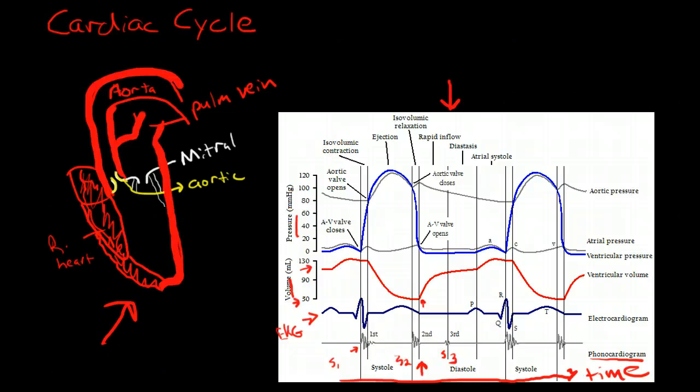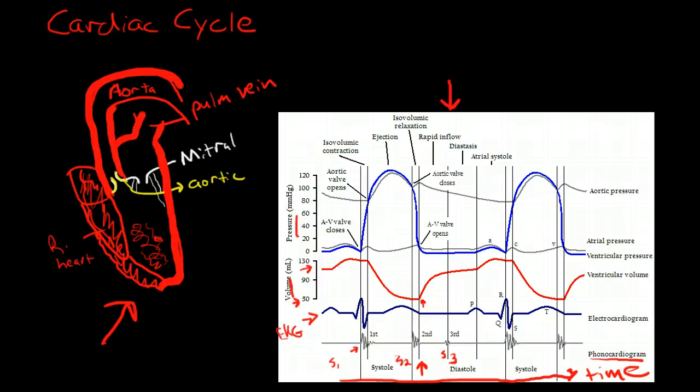So there's still about 50 cc's of blood in here. There is some blood remaining, because remember, nobody has an ejection fraction of 100%. A good healthy heart will have an ejection fraction of around 65 or so. So there's 50 mLs of blood already in the heart, and it's going to start to fill.